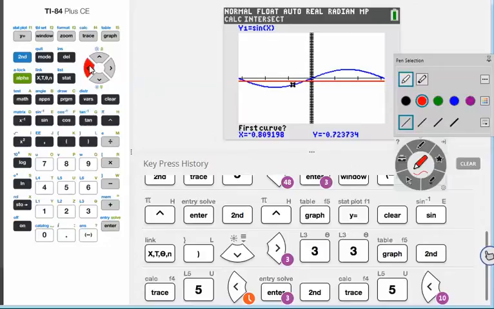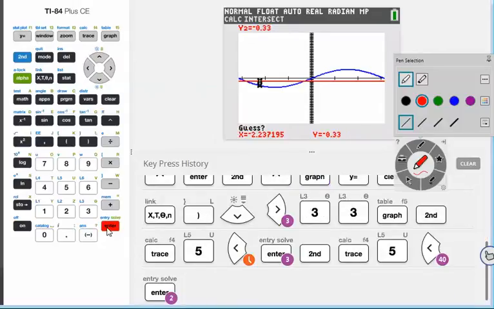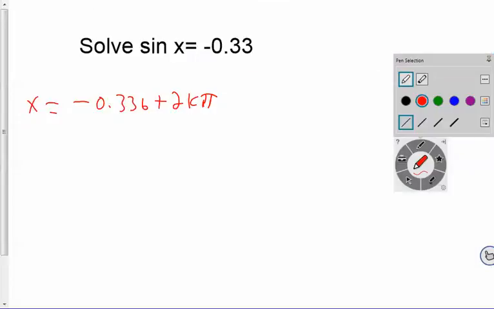With this, decimals would be so much better, but using the calculator, using the decimals, it doesn't make a difference as long as you get the answer. The other answer is negative 2.81, so x equals negative 2.81 plus 2k pi.